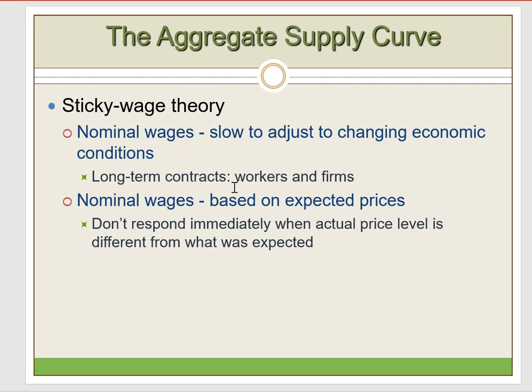This is done only because your employer thinks that in the future prices will continue rising, so it justifies paying you a high wage, and you are a talented business management graduate. That's the expectation. But sometimes wages, because of these long-term contracts, do not adjust.